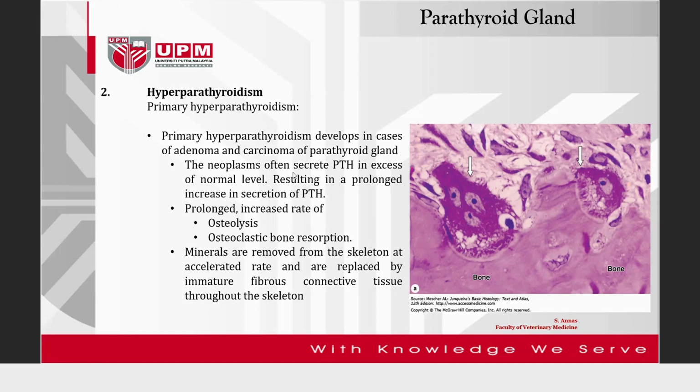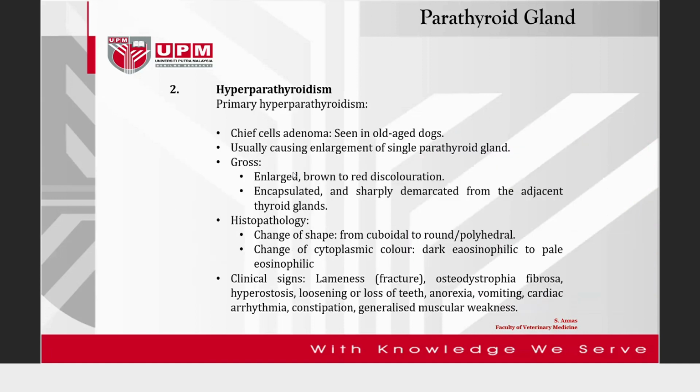So minerals are removed from the skeleton at an accelerated rate, and then it could be replaced by immature fibrous connective tissue throughout the skeleton. Like I previously mentioned, it is termed osteodystrophia fibrosa, or fibrous osteodystrophy. That's it.